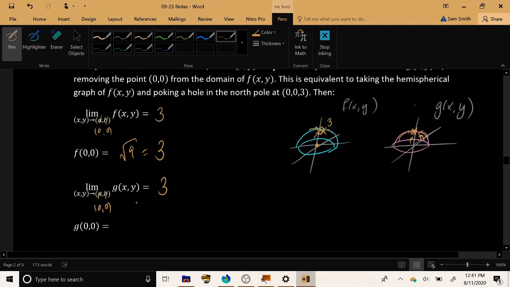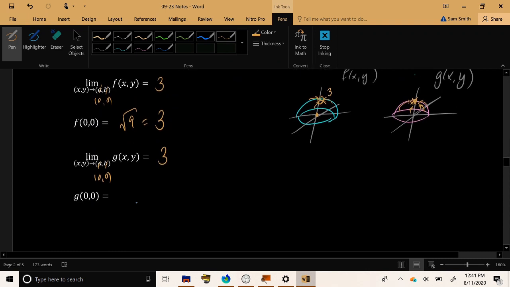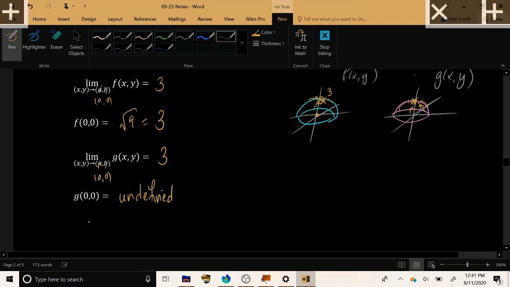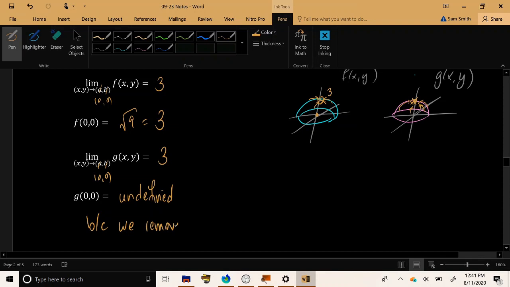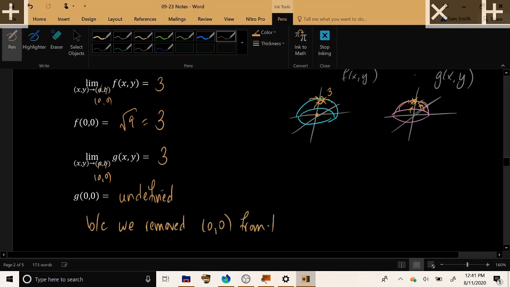But what's different here is that if I try to plug 0, 0 into the function g, the result will be undefined because we removed 0, 0 from the domain of g of x, y.